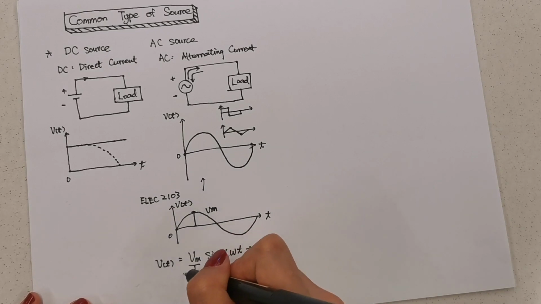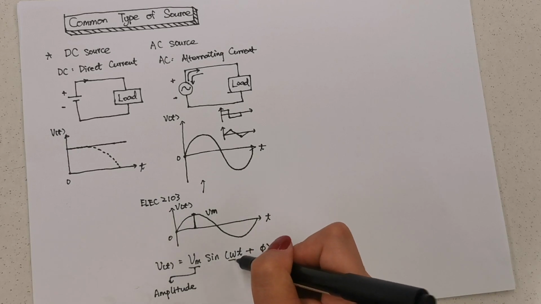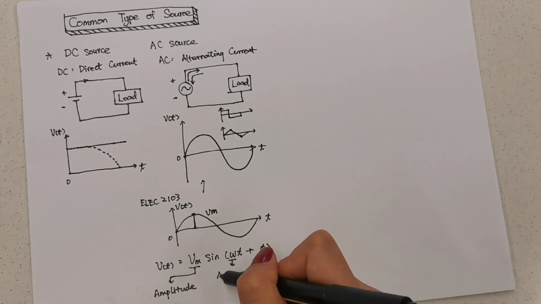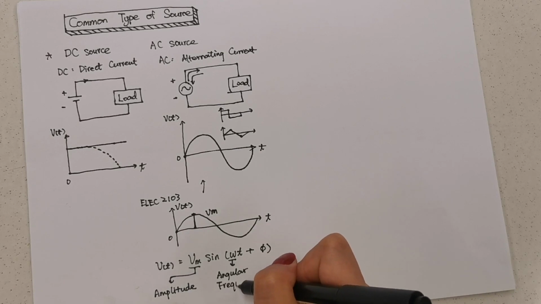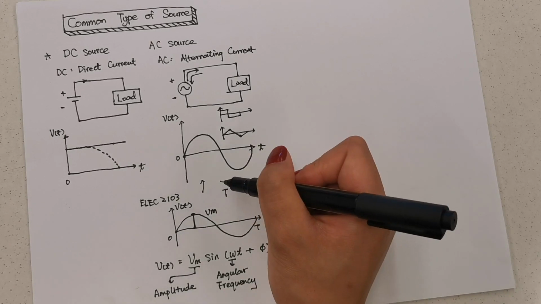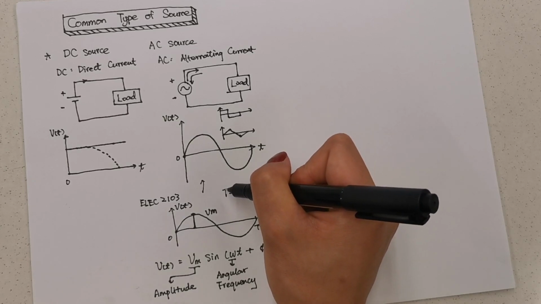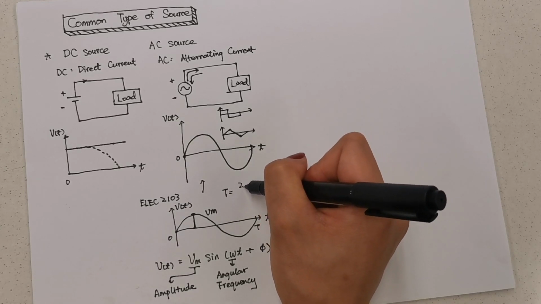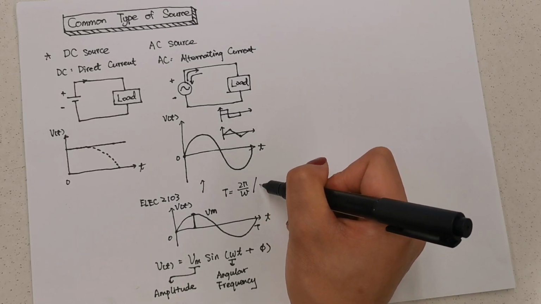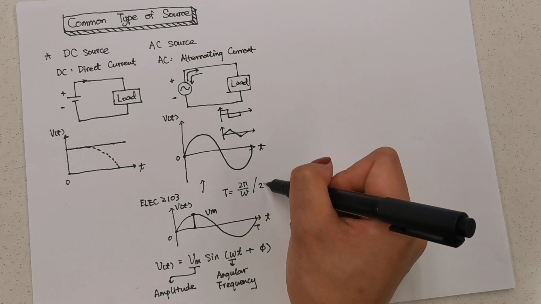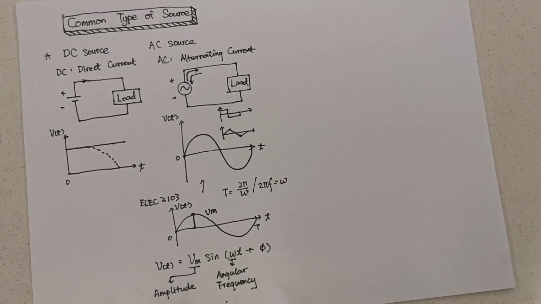This Vm we call the amplitude, and omega represents the angular frequency. The relationship between omega and the period is T equals 2 pi over omega, or the relationship between frequency and omega is 2 pi f equals omega.